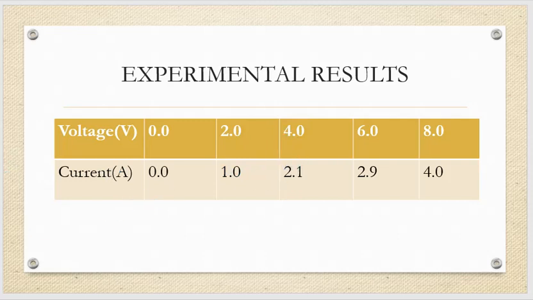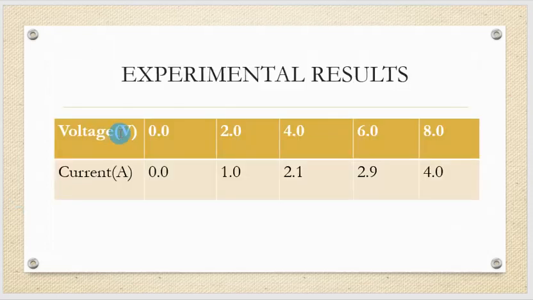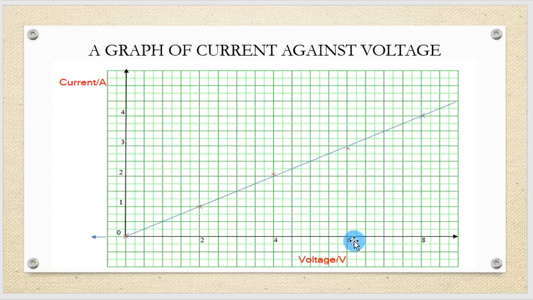We can clearly see that somewhere there. We go to the next point. When the voltage is 6.0, the current is 2.9. Here we can see the current is almost approaching 3, but slightly below.